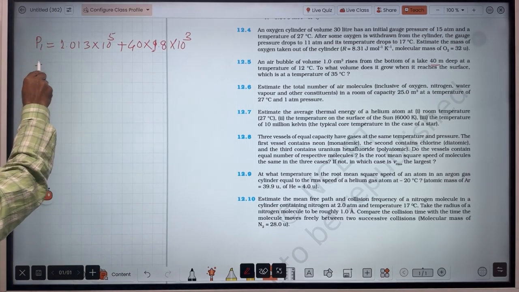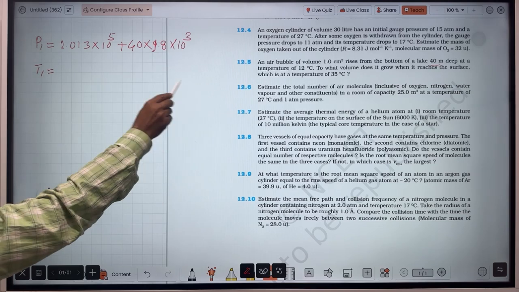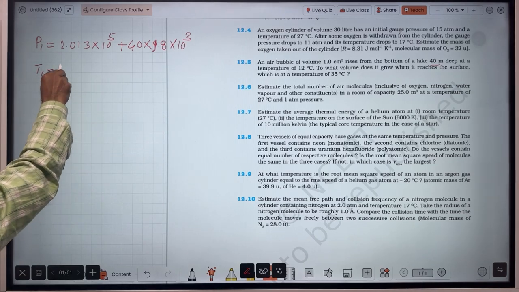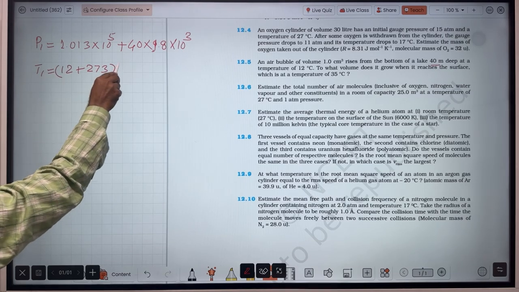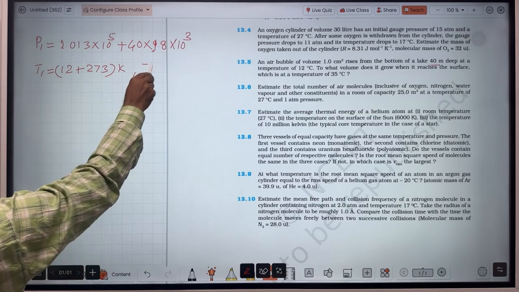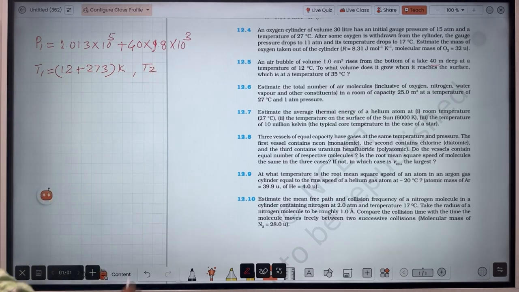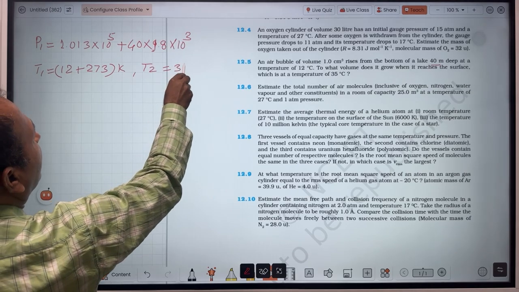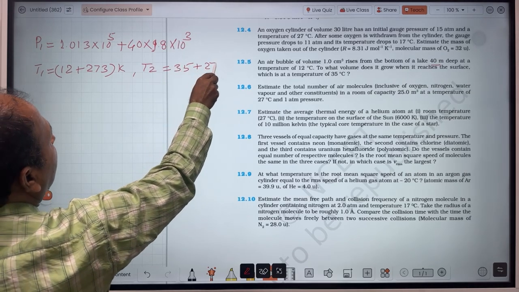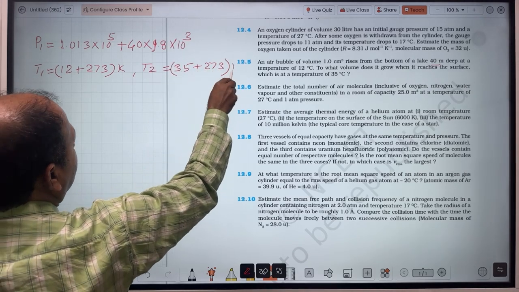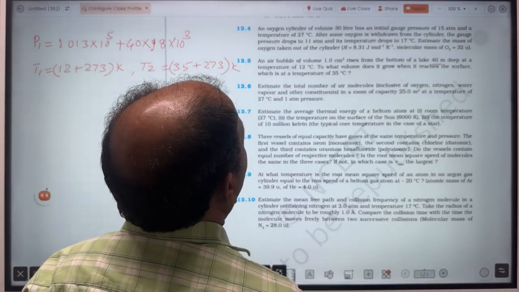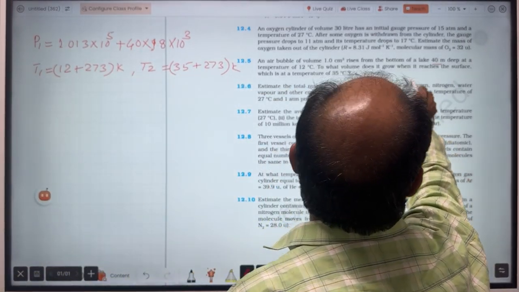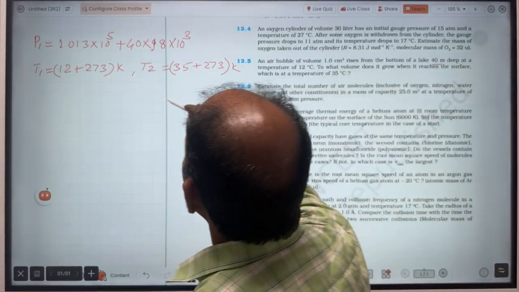Temperature is given, T1 as 12 degrees centigrade. So 12 plus 273 Kelvin, right? What about T2? T2 is 35. So 35 plus 273 Kelvin, and what about pressure?